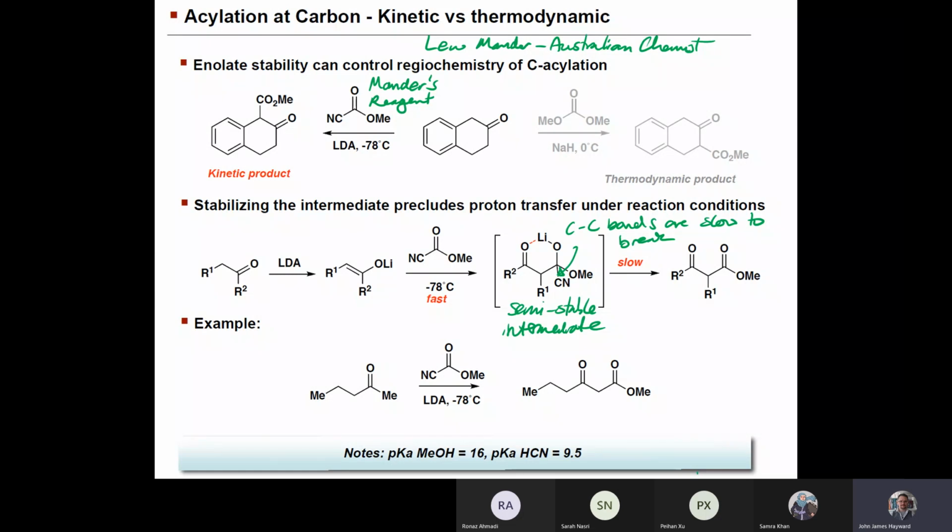And so that makes this the rate determining step. So Mander's reagent, good for getting kinetic acylation. There we go.